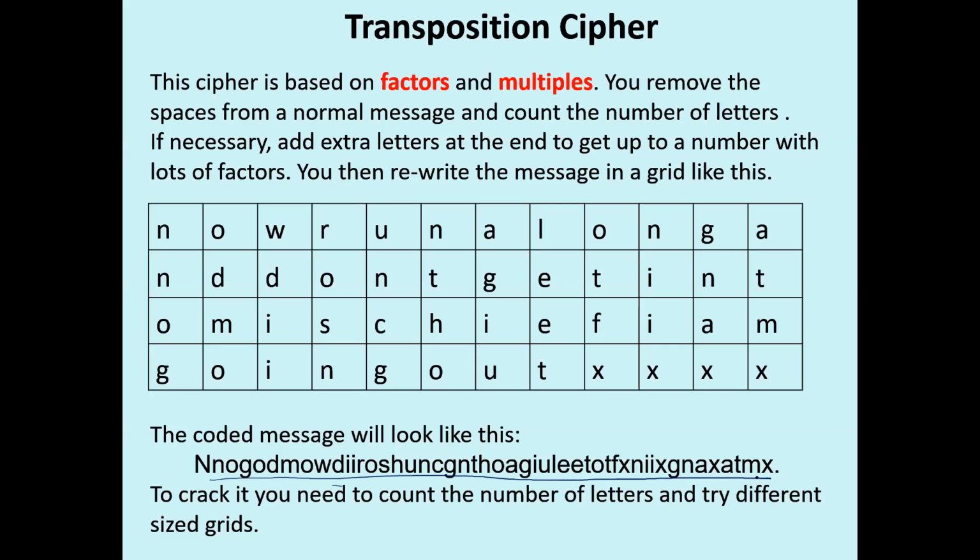The first one that I tried was a 12 by 4 grid. So again, I've written 12 by 4, and then I've just gone down the columns. Here you can see I've got NNOG, and I've populated that going down vertically. And then the next 4 letters, ODMO, I've gone down vertically.